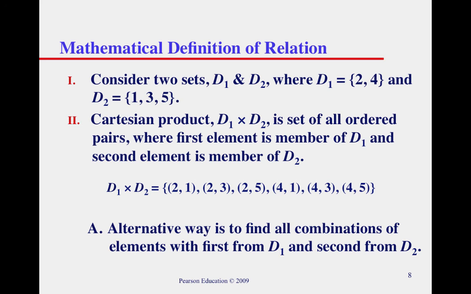And the Cartesian product of that domain gives us the kind of universe of pairs from which we may choose tuples. So hopefully you know from 311 that the possible universe, there's going to be 6 potential tuples, and you can choose any subset of those 6 tuples as a relation.